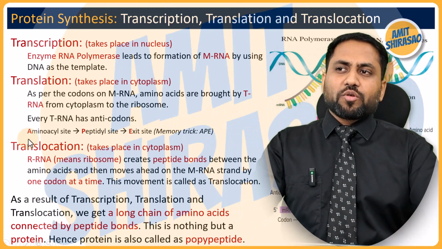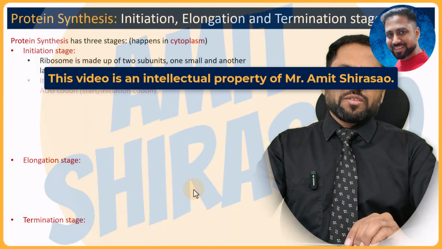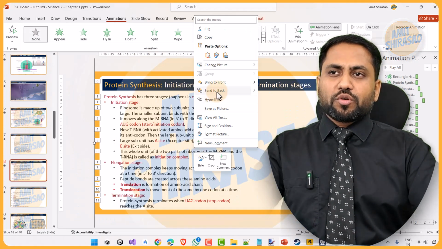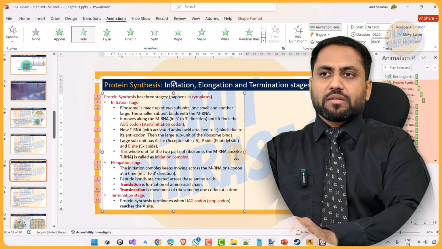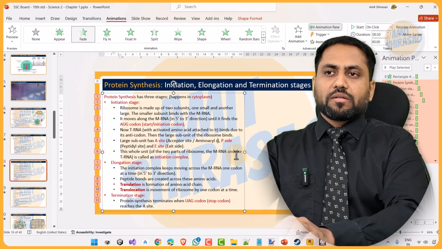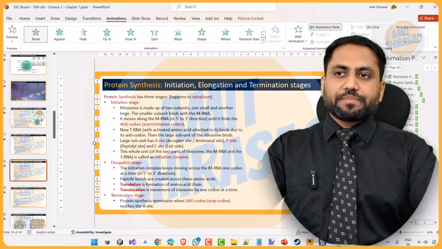It should be the aminoacyl site. But many people have given acceptor site as well, so I will just mention both for your ease. Both are correct names for that site.